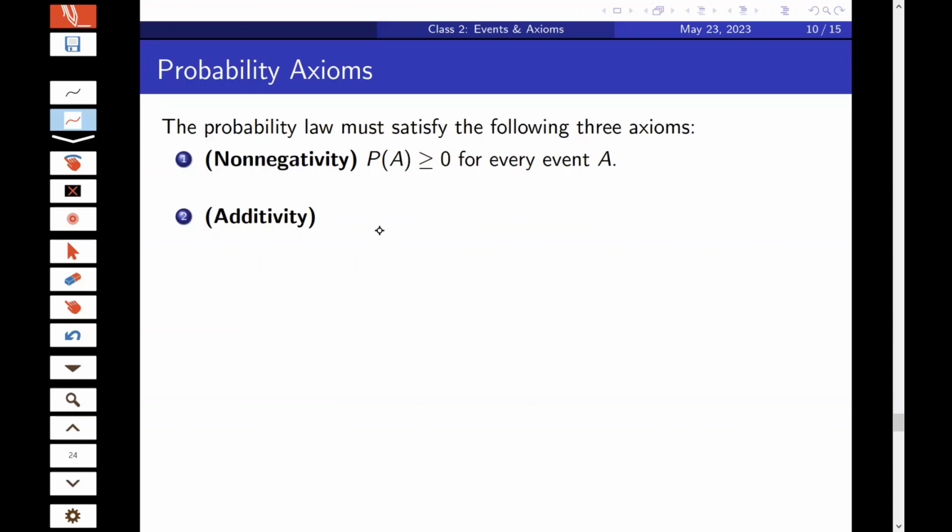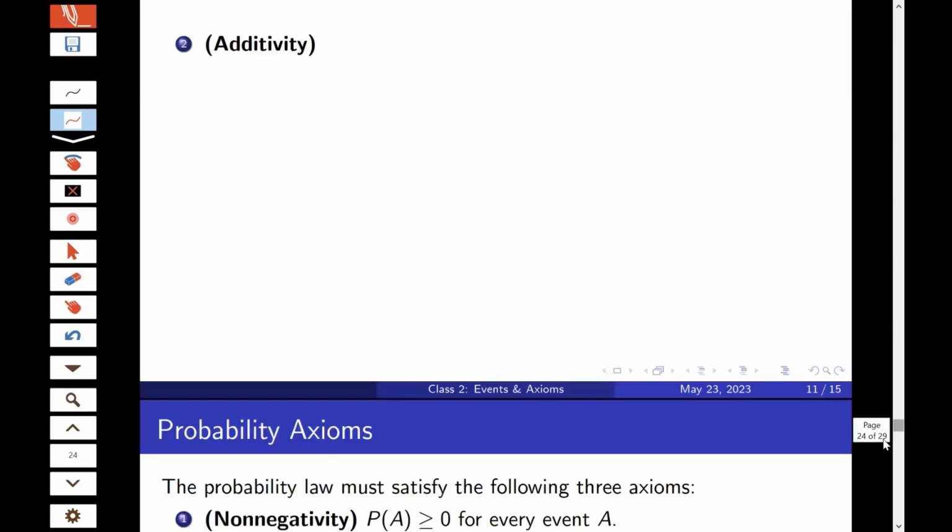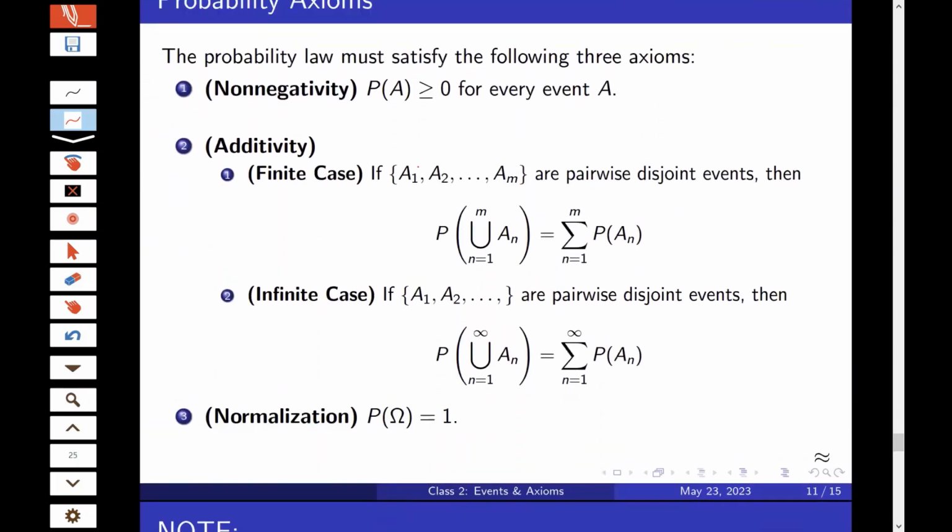Another property is called additivity. If you want to find the probability of more than one event, you can take the summation of individual probabilities if these events are pairwise disjoint.